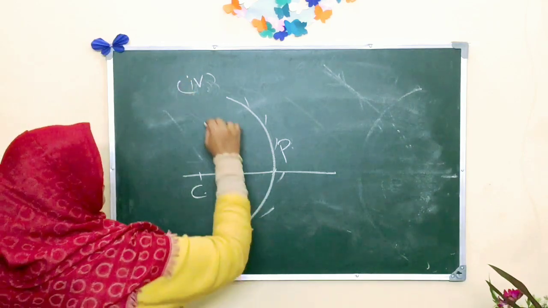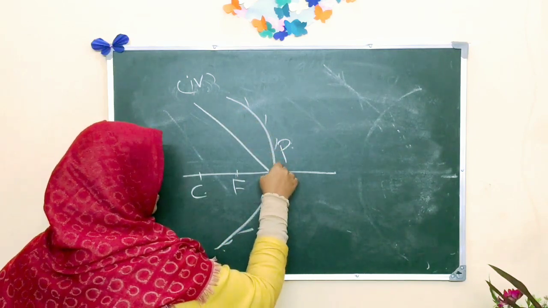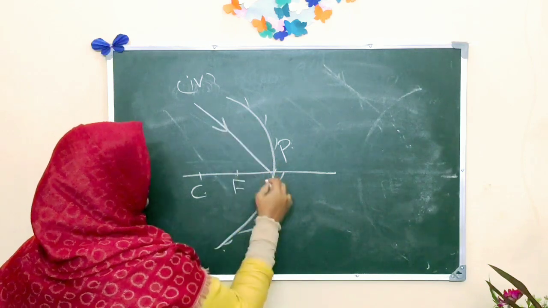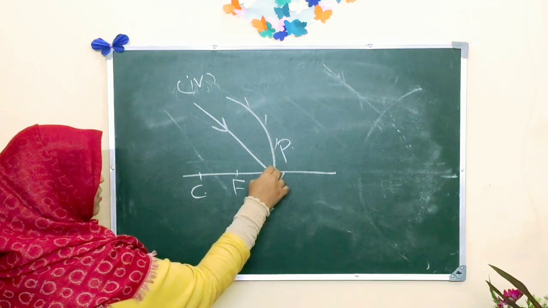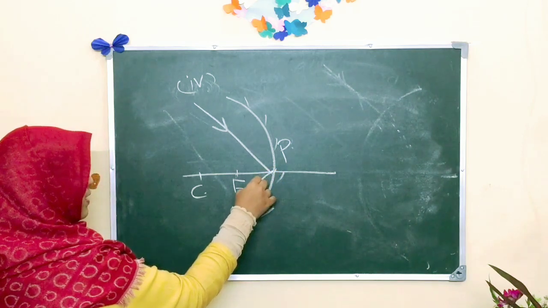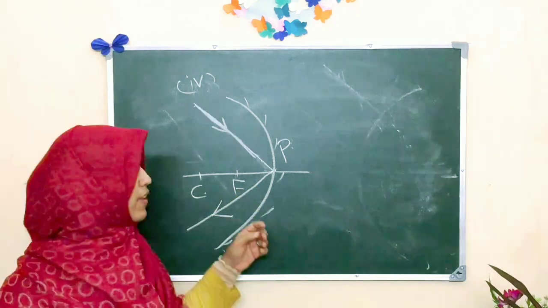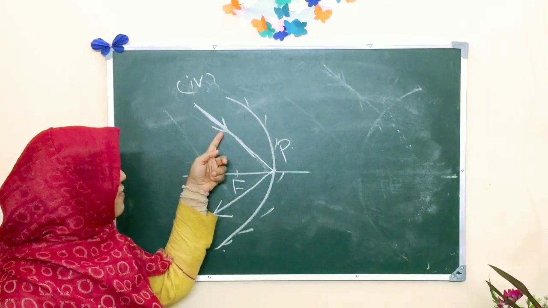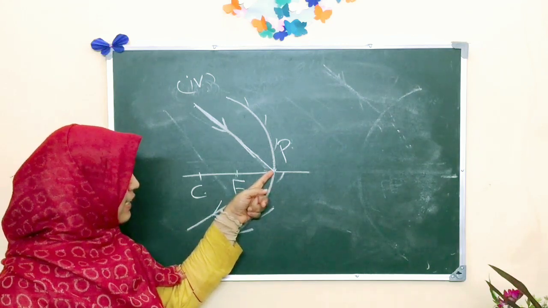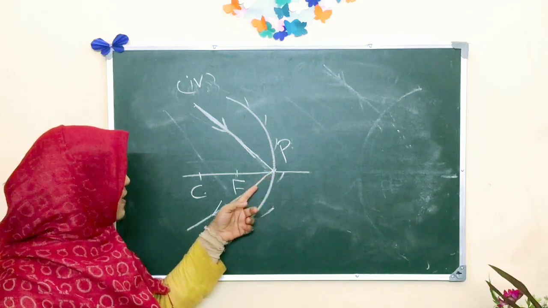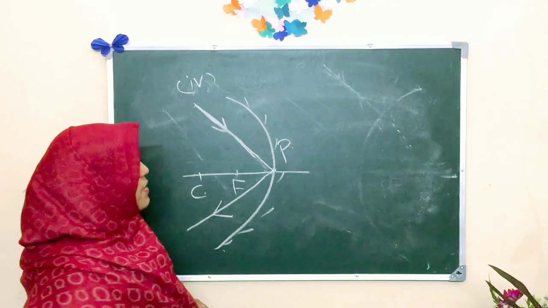Any incident ray traveling obliquely to the principal axis is reflected obliquely after striking a spherical mirror at its pole. That is in the case of a concave mirror.